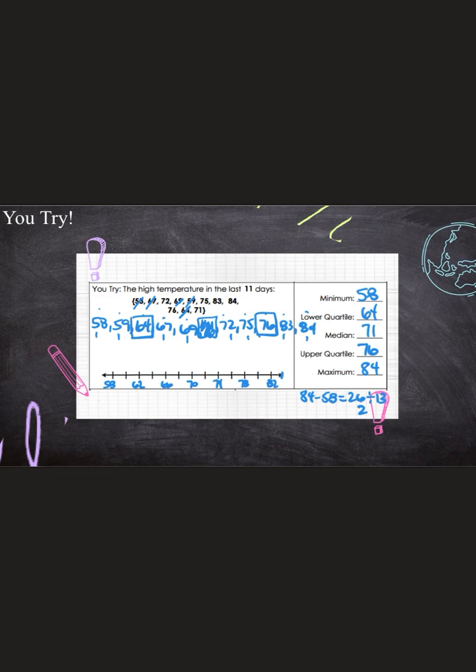So I'm going to put a dot at 58, a dot at 64, a dot at 71, a dot at 76, and a dot at 84. And I'm going to go ahead and draw my box. And then I'm going to draw my whiskers. And there you go. Okay.